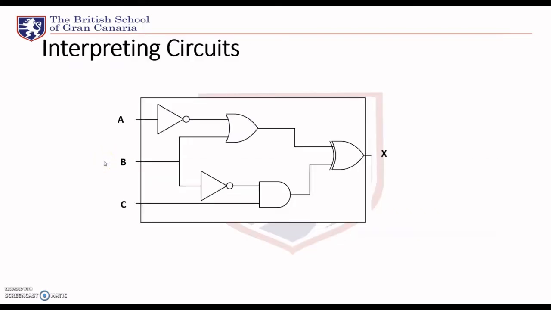Next. Okay, so interpreting circuits. What we're going to look at now is how we actually interpret these circuits. How do we figure them out? Now, you're going to complete exam question 2. Firstly, before you complete exam question 2, I'm just going to explain to you how you interpret the circuits.